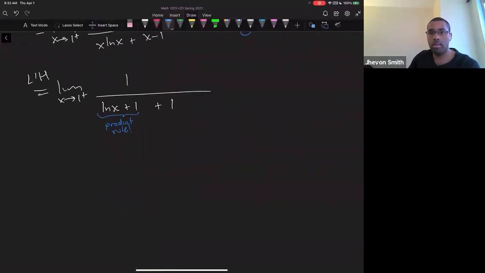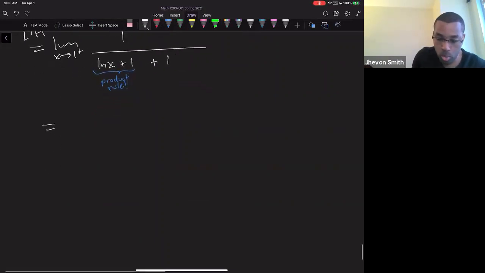All right. Now what do we have? Notice that now it's definitely not an indeterminate form because I have 1 in the numerator, right? Then in the denominator, as x approaches 1, ln of x is going to approach 0. So this is going to approach 1 over 0 plus 1 plus 1.